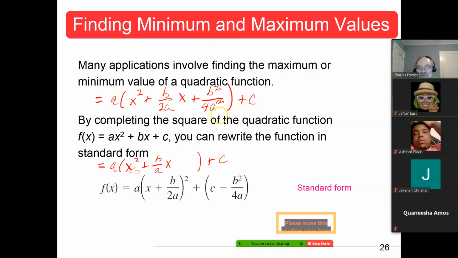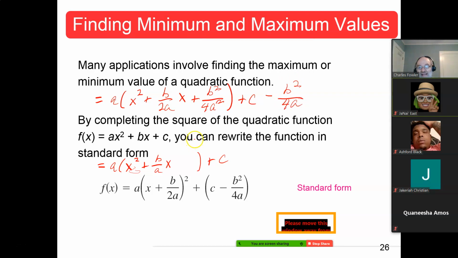This a would cancel out one of those a's, and that gives you b squared over 4a. You added that. So you have to subtract that. Minus b squared over 4a.